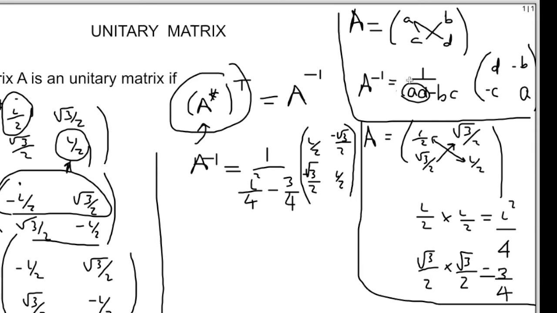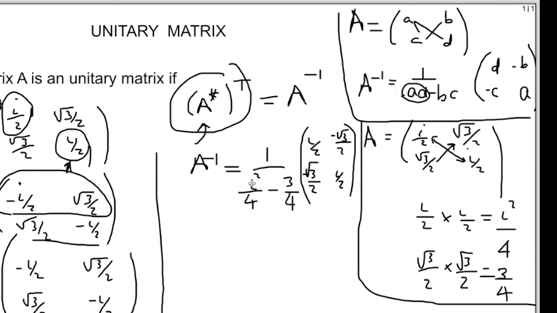So I repeat, finding the inverse is 1 over the determinant. So we multiply i over 2 times i over 2. That gives us i squared over 4. And then we multiply root 3 over 2 times itself to give us 3 over 4. And next, switching these two, changing the signs of these two.